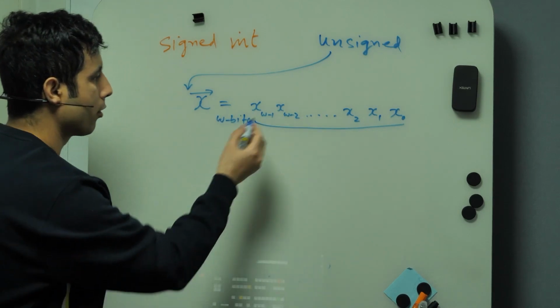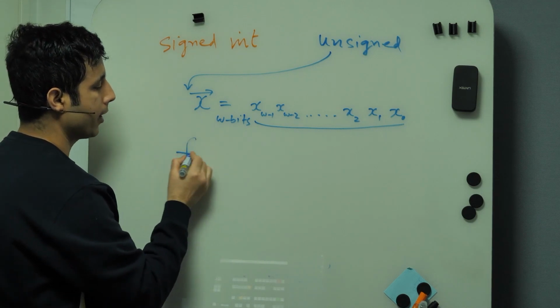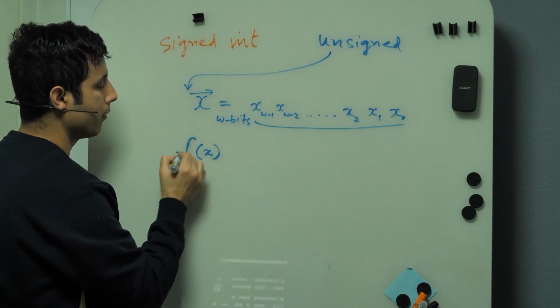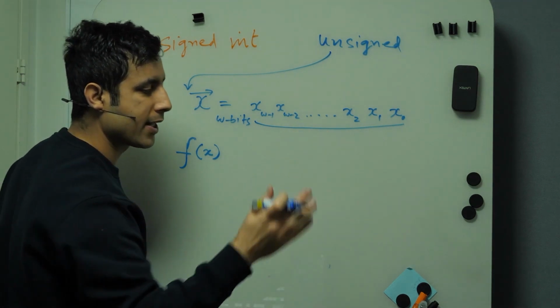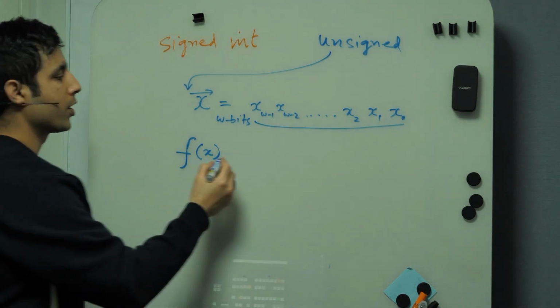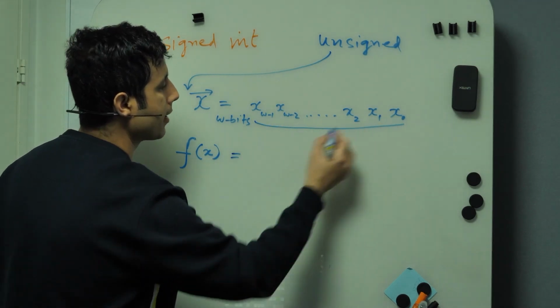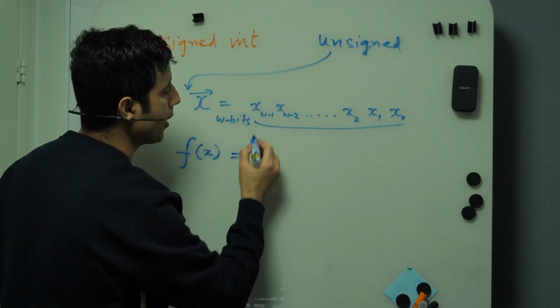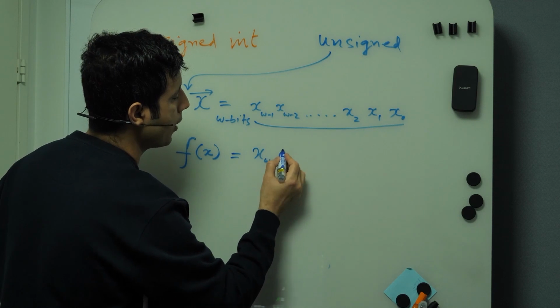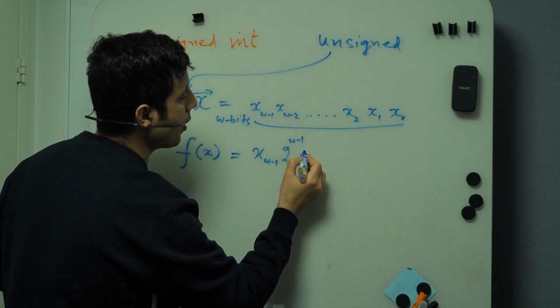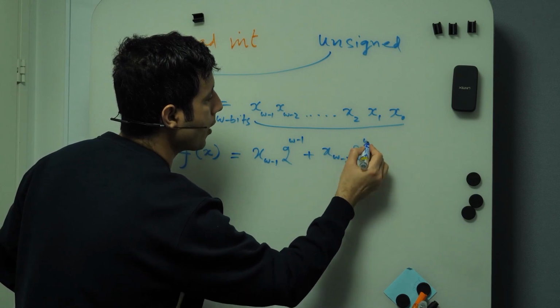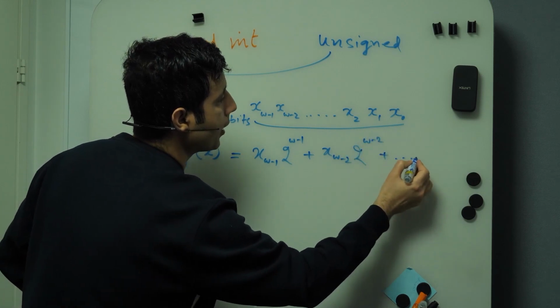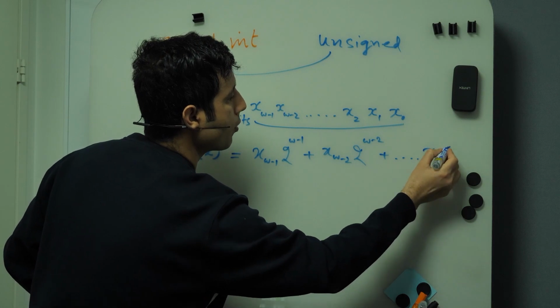If we have a function which converts a binary pattern to its equivalent decimal number, we just need to sum these weights up. So this would be x w minus 1 times 2 raised to power w minus 1, plus x w minus 2 times 2 raised to power w minus 2, up until x 0 times 2 raised to power 0.